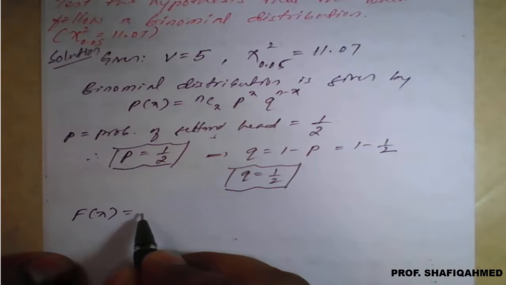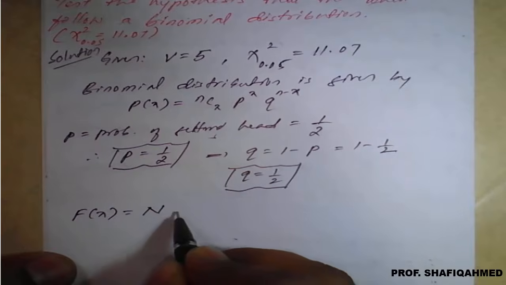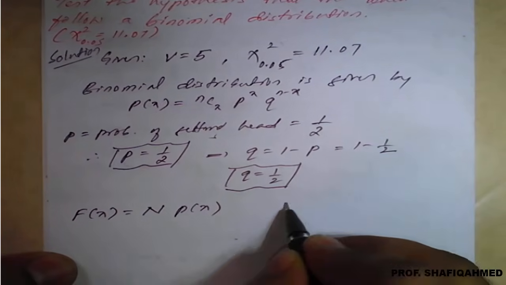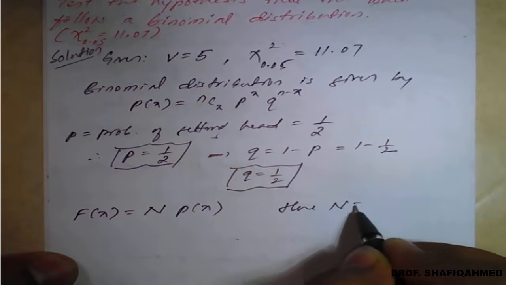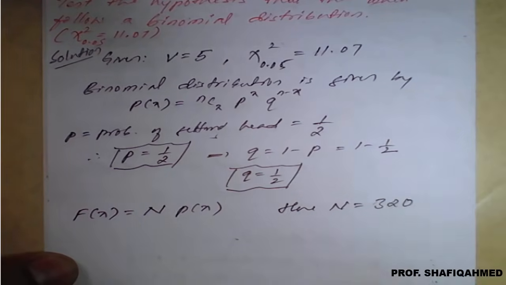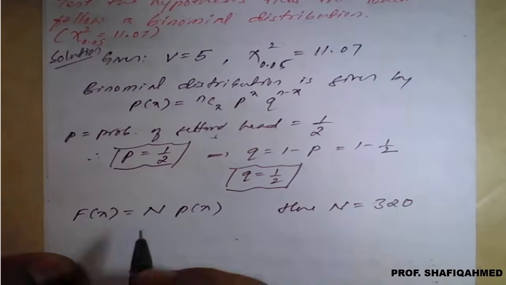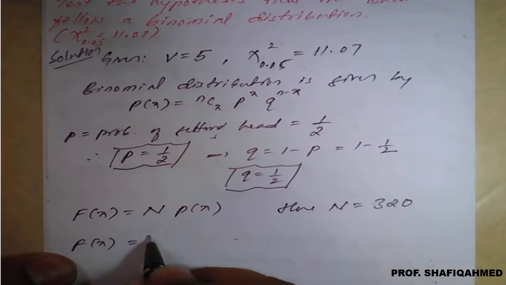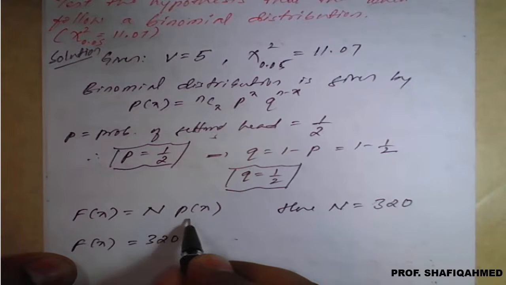So F of x is equal to N into p of x. Here capital N is the number of times the coin is tossed, that is 320. So capital F of x is equal to 320 times the p of x formula.